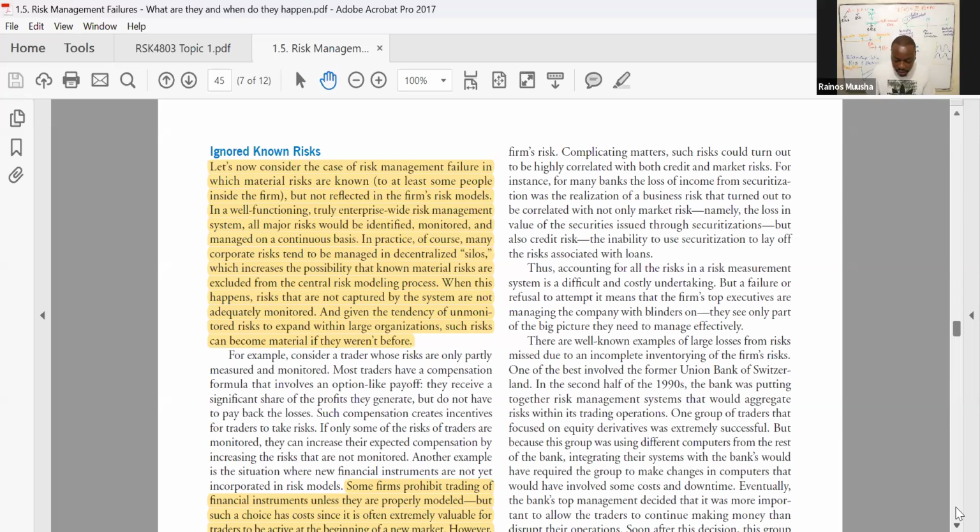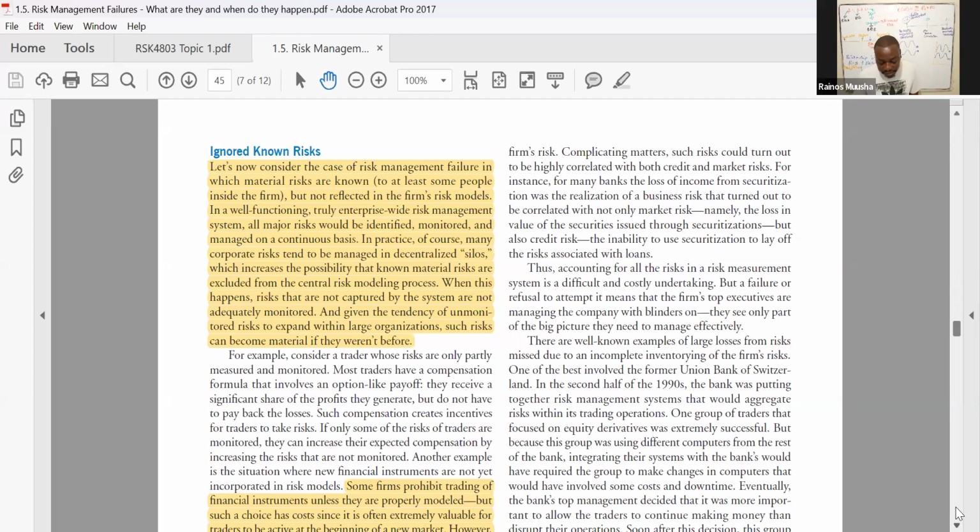So in a well-functioning, truly enterprise-wide risk management system, all major risks would be identified, monitored, and managed on a continuous basis. In practice, of course, many corporate risks tend to be managed in decentralized silos, which increases the possibility that non-material risks are excluded from the central risk modeling process.